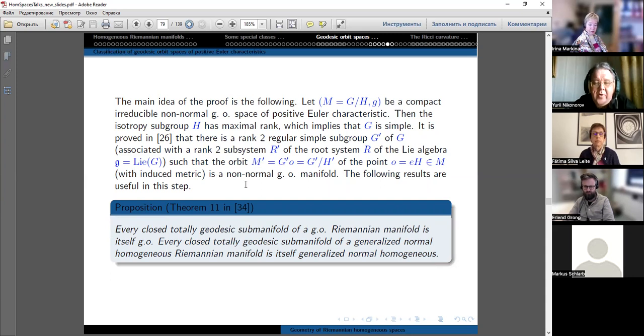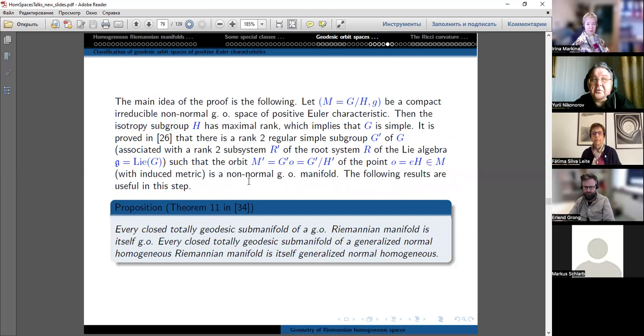It's possible to find by some tricks, by some special results, totally geodesic submanifolds in any given geodesic orbit space, such that these totally geodesic submanifolds are also homogeneous.